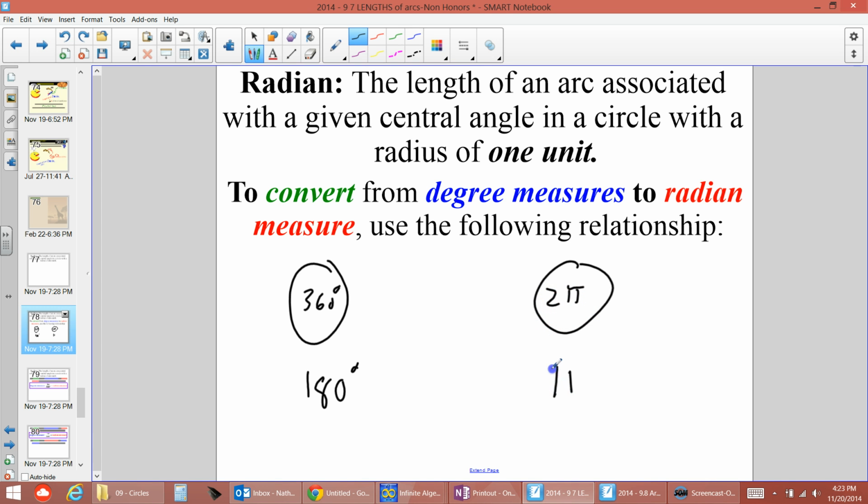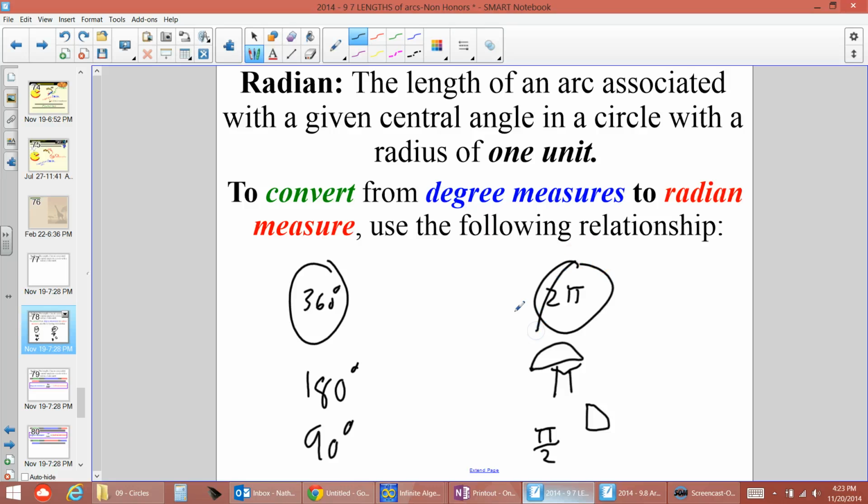It would be just pi. And a quarter circle would be 90 degrees. I'm going to draw it over here as a half circle, and this would be a quarter circle. And it would just be pi over 2. So these are some common radian measures that you're going to see. A full circle is 2 pi. A half circle is just pi. And a quarter circle would be pi halves.